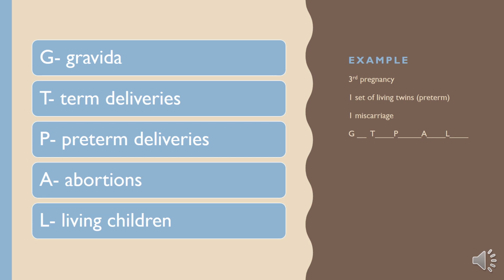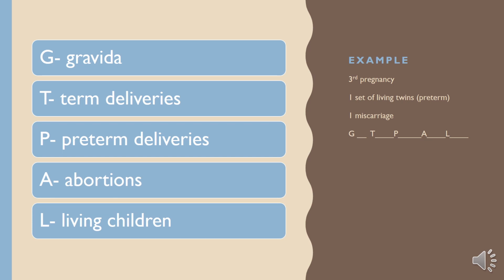So we're going to go through a couple of examples on a worksheet, but in this example that's here on the side, it's her third pregnancy, so the G is 3. She's had 3 pregnancies total. So she's currently pregnant, so we put a 3 by that G. She had 1 set of living twins that were born preterm. Okay, so we could put a 1 by the P because they were preterm.